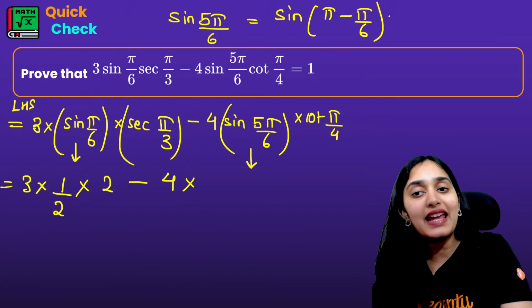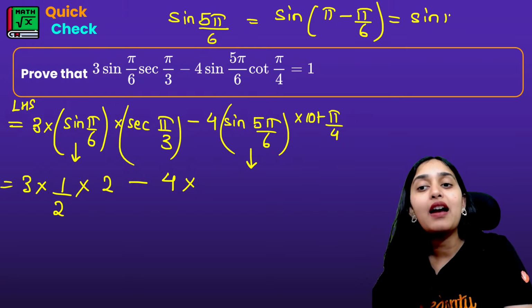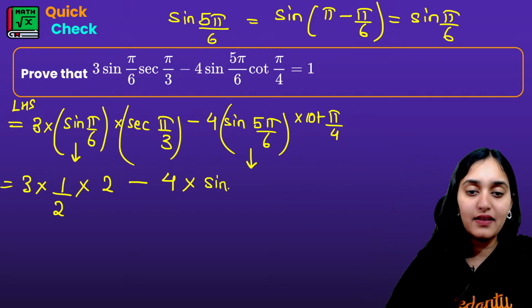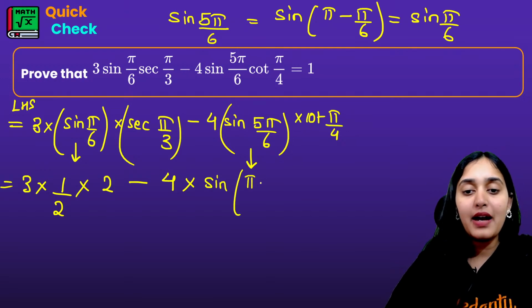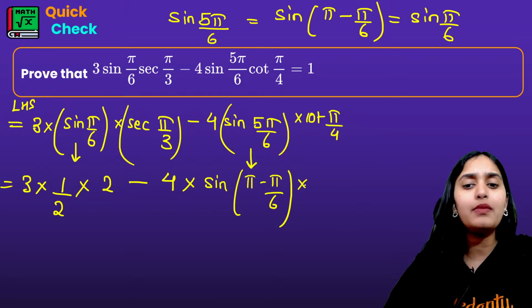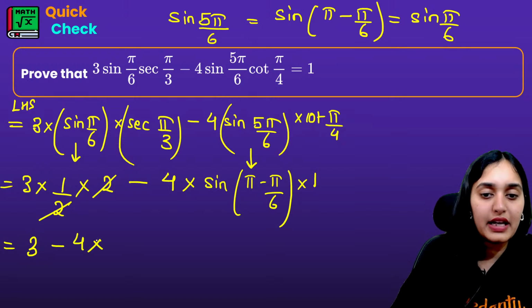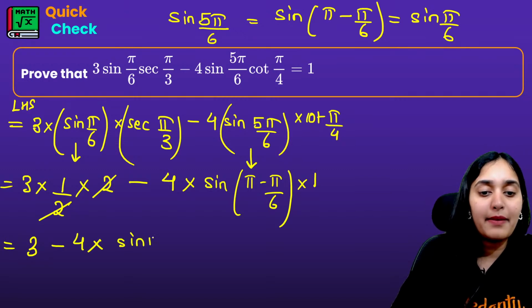It is sine x. So this is sine pi by 6 only. And cot pi by 4 is how much? 1, right? So 2 cancels. 3 minus 4 into sine pi by 6.